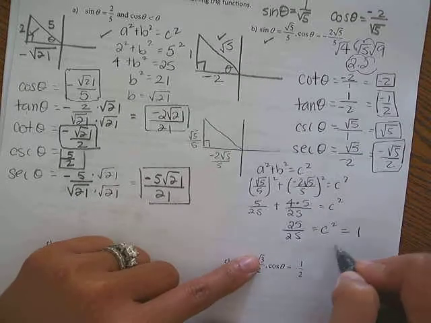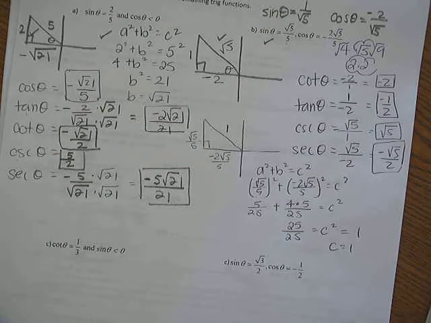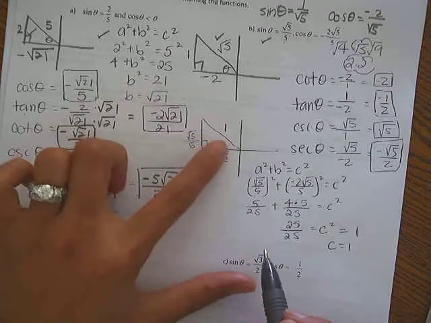Okay, and the square root of 1 is going to be 1. So your c came out to be 1. Alright, so if c is 1, this tells me that this is a unit circle.